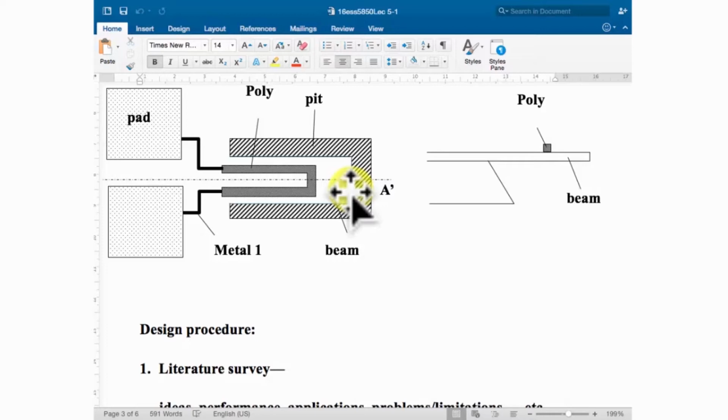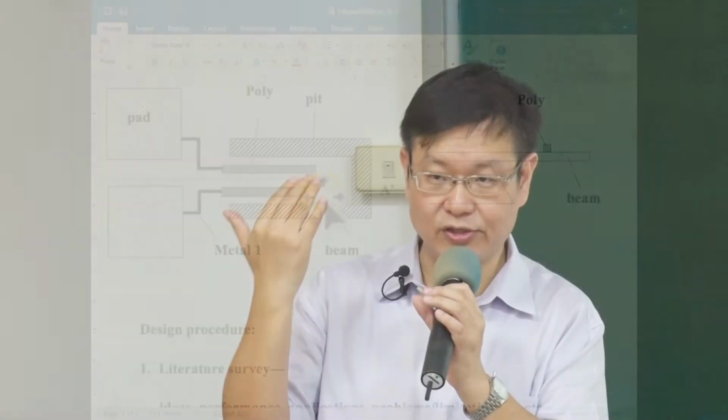According to that stress information, you can apply the thermal expansion coefficient concept to calculate the temperature difference you want to give in order to expand the beam long enough to curve up enough for this kind of action. Now you will find some equation calculation. You will find out, oh, I want to design this device between room temperature up to 150 degrees. So now you have a 125 degrees C difference.